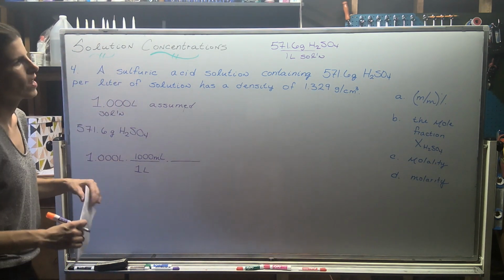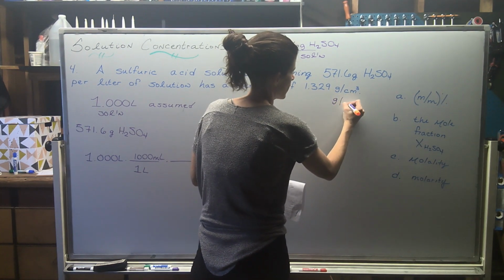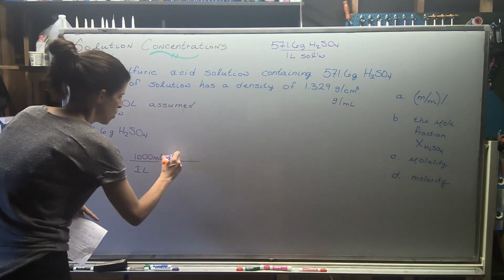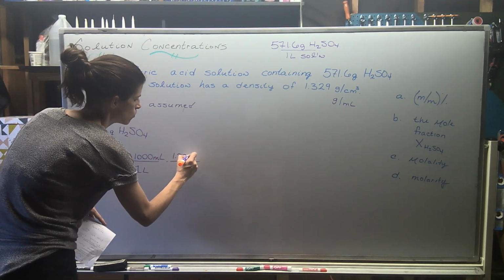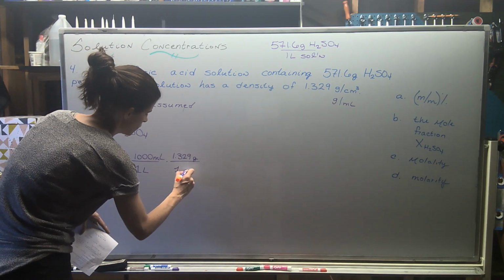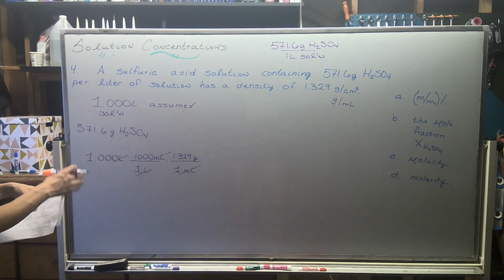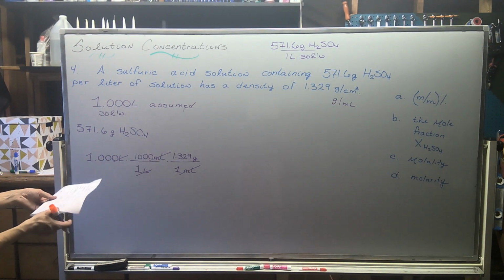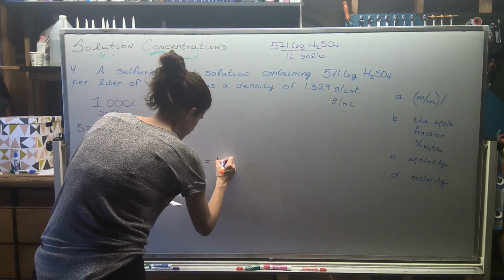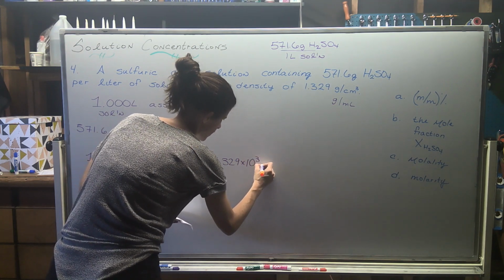And even though this is written as grams per centimeters cubed, I know in the back of my head that that's also grams per milliliter. So there's 1.329 grams of the solution for every 1 milliliter of the solution. So 1 times 1,000 times 1.329. So we wind up with 1.329 times 10 to the 3rd grams.